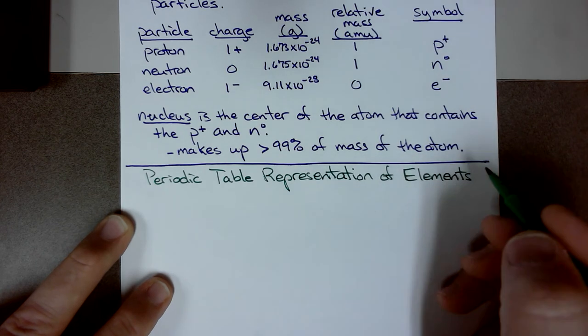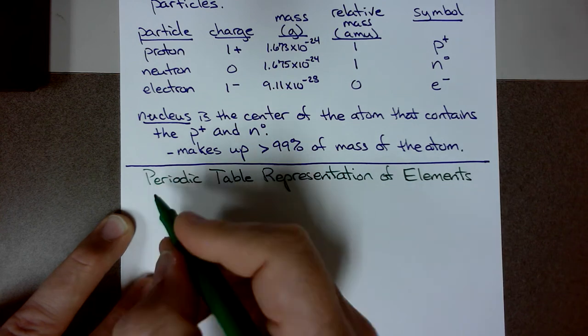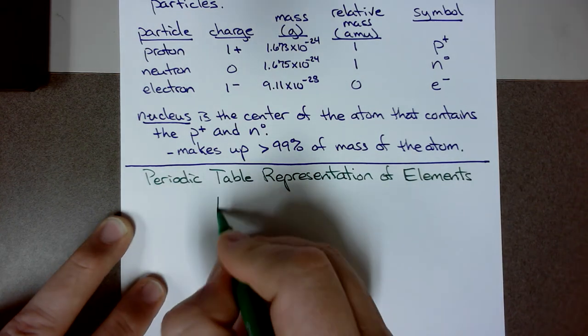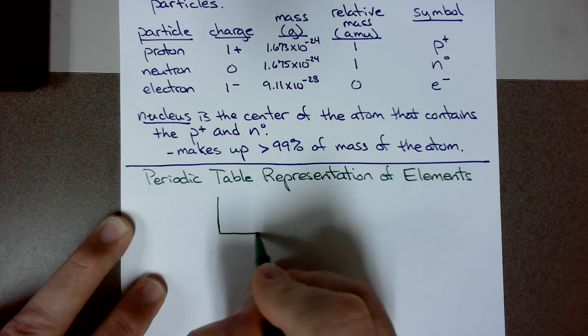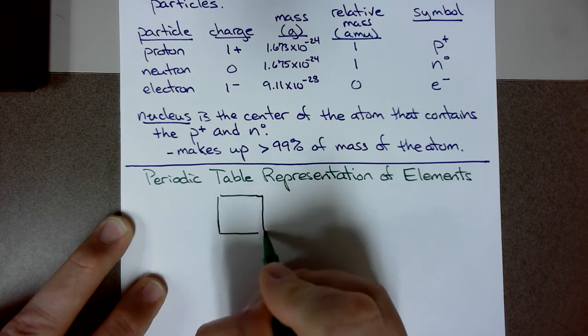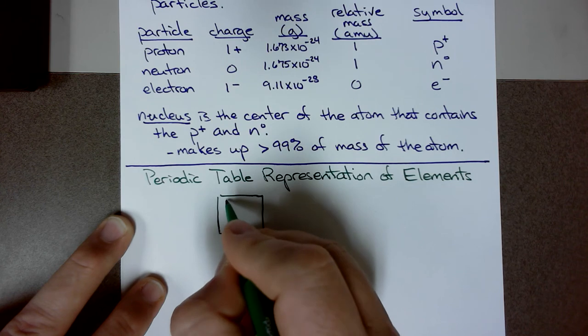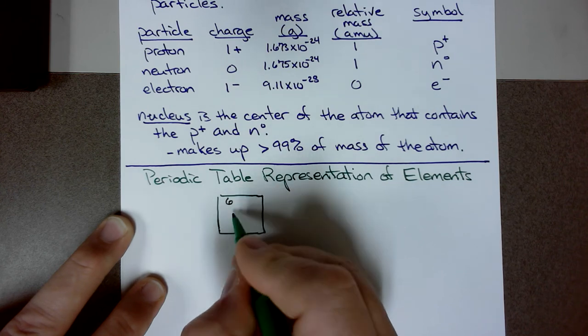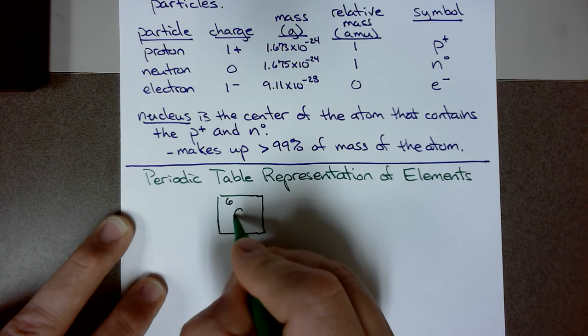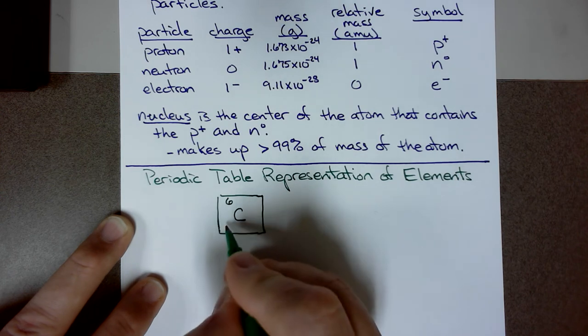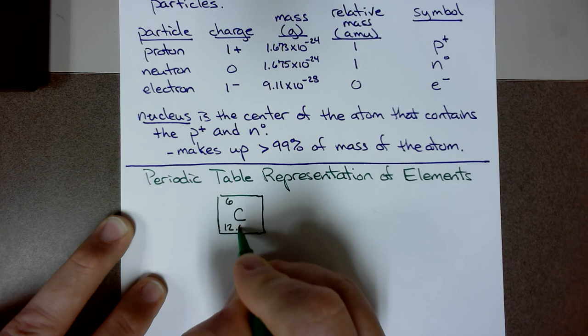So if I drew something that is similar to the periodic table, we have our square tile on the periodic table, and I'm going to use carbon. So usually at the top, you'll see the 6, and you'll see the symbol of the element, and then a number at the bottom with a decimal.